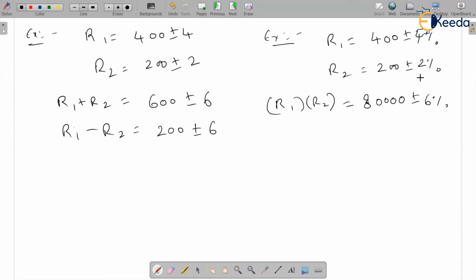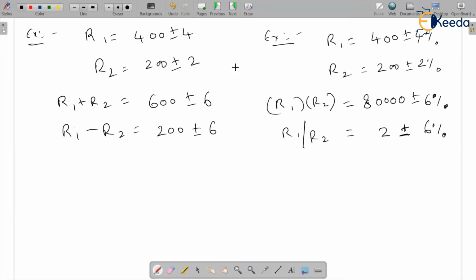That is 4 and 2, 6. Again here division operation, R1 by R2 is equal to, magnitude is 400 divided by 200 is 2, plus or minus, again irrespective of operation you should add the errors. For adding in multiplication operation, the only condition is they should be in percentages. Here they should be in magnitude.